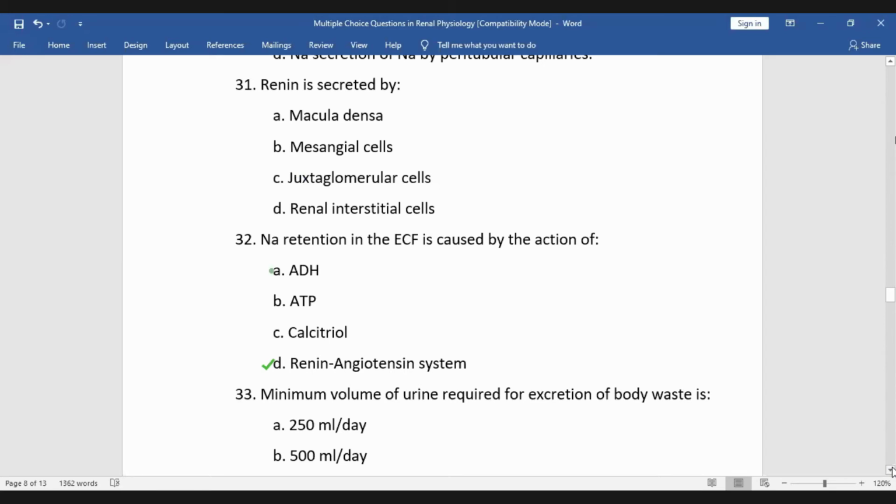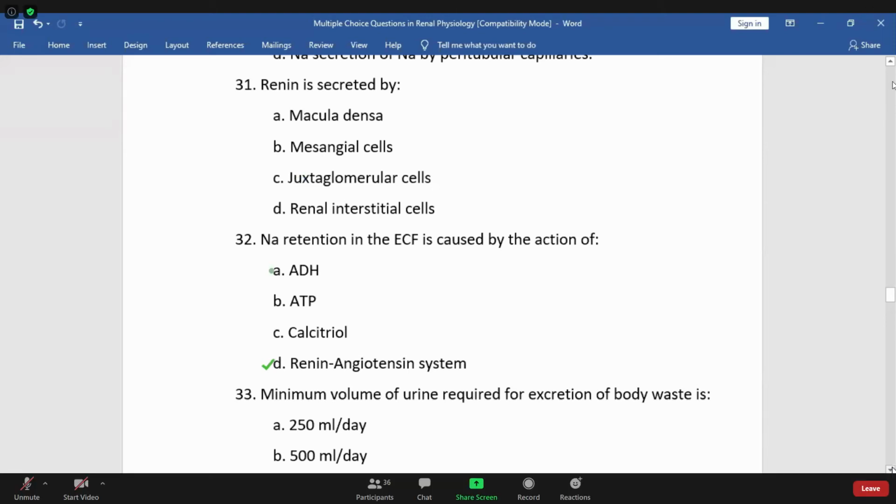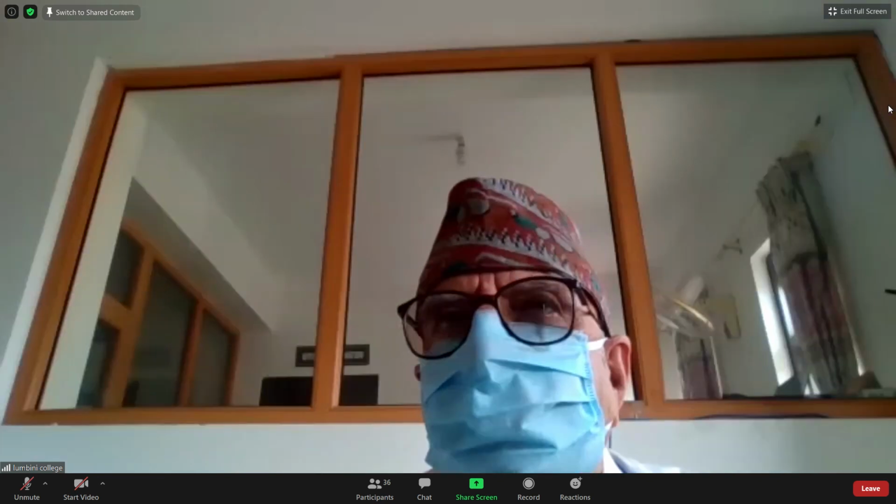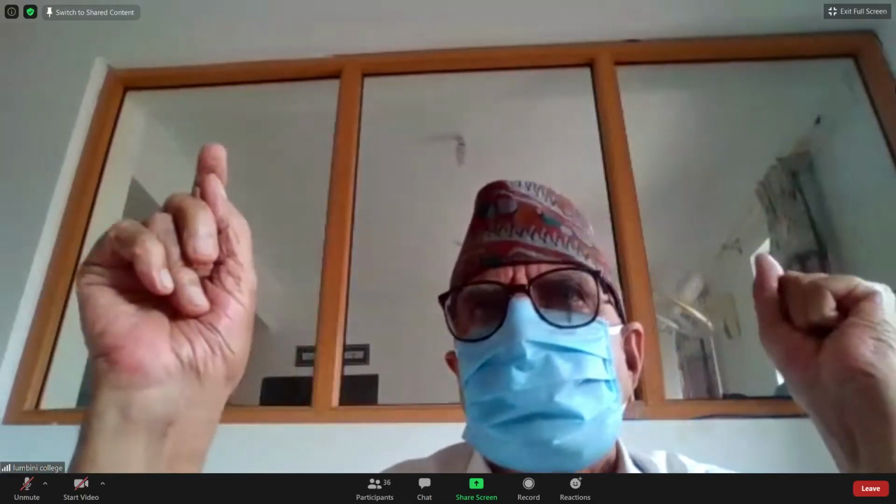The renin-angiotensin system is responsible for the formation of angiotensin 2. The angiotensinogen of plasma protein is converted into angiotensin 1, and angiotensin 1 goes to the lungs. The angiotensin converting enzyme converts it to angiotensin 2. Angiotensin 2 has two functions. One is to cause constriction of the arterioles.